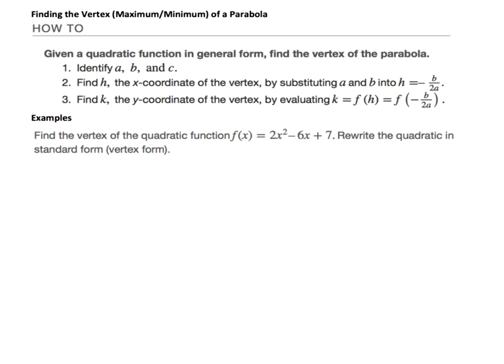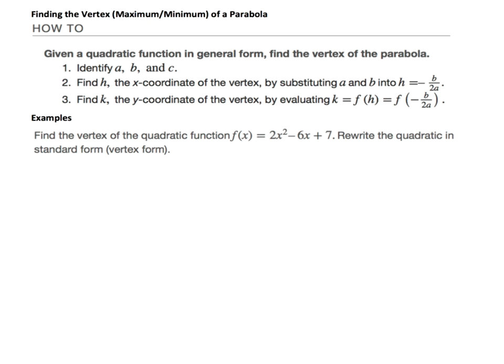Okay, finding the vertex. So we already have this information. And notice what I put in the title there. The vertex of a parabola is also known as its maximum or its minimum, its highest or its lowest point. We'll talk a little bit more about that here in a moment.